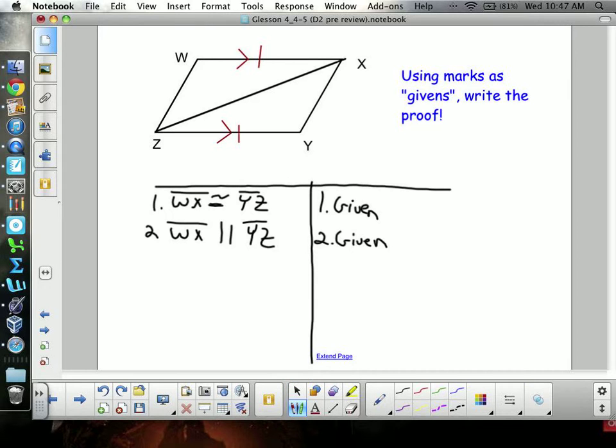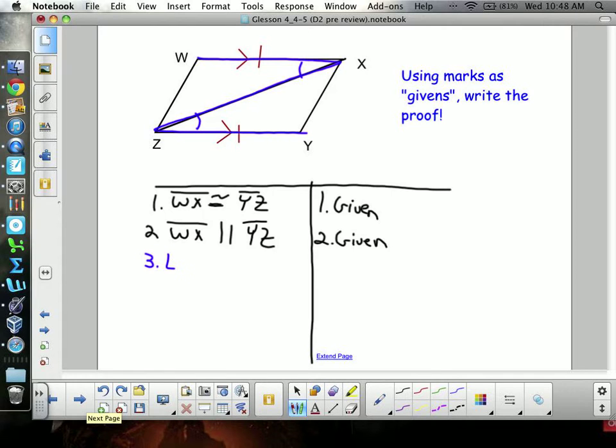What letter am I going to draw somewhere up there to find those angles? A Z. All right, I'm not going to use that color because I used red there. Here are my parallel lines. Here's my transversal. What type of angle pair do we have there? Alternate interior.